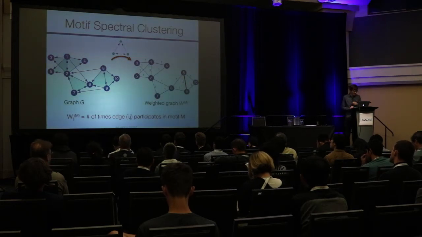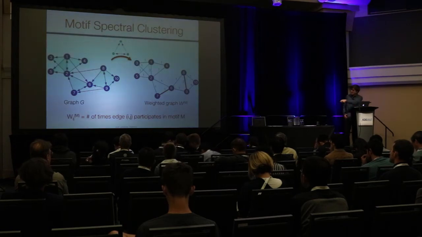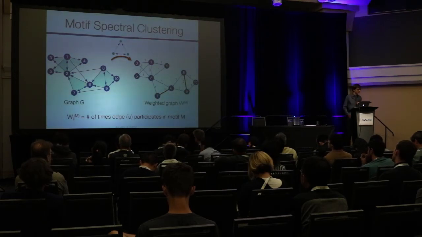So there's a weight 2. Similarly, you can ask, why does this edge have weight 1? It has weight 1 because it participates in 1 instance of my triangle. For example, this bottom edge here, between 7 and 9, doesn't participate in any instance of my motif, so that edge has weight 0, so it's not in the graph anymore.